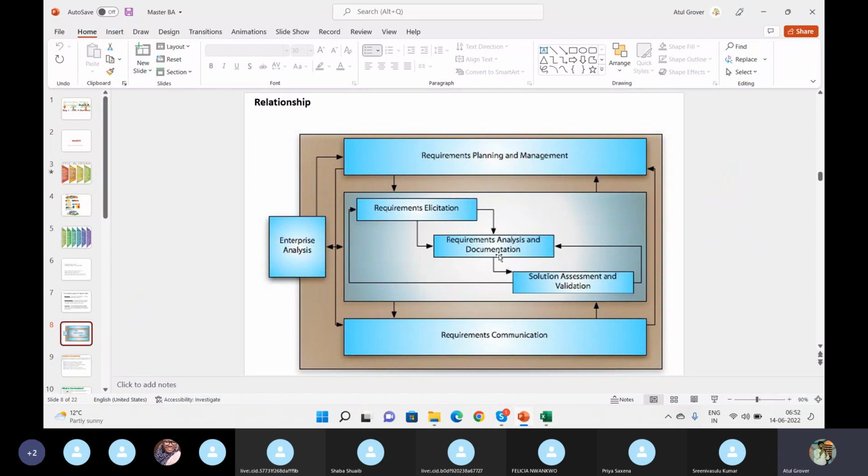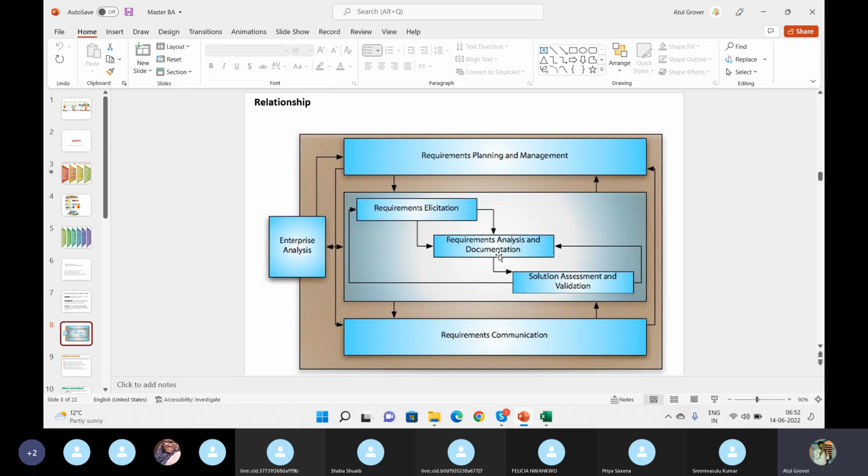I start putting this requirement in a document, which we call SRD, software requirement document. Someone says FRD, functional requirement document. Someone says FRS, functional requirement specification. Multiple terms are there.